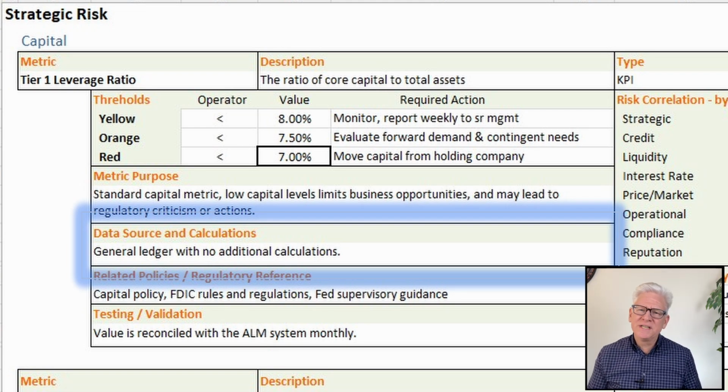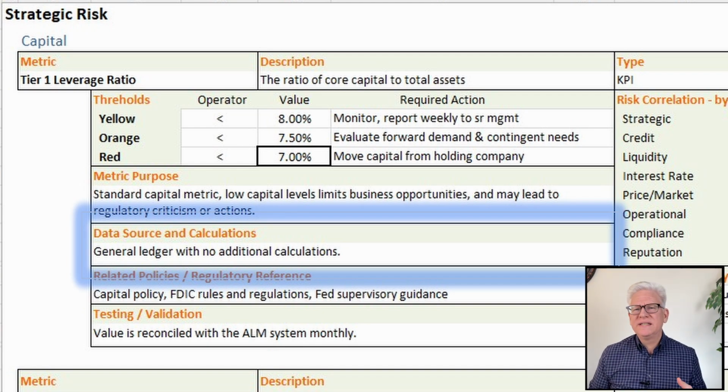So it really pays to be specific here, because this information may become support for, say, a future data validation. Is this value automatically system generated and we pick it up as it is? Or is it mathematically calculated by someone? If so, what's the source of the data that they're using for their calculation? Or did it start with a system value and then go through some additional manipulation or other calculations to arrive at the value that we're reporting?